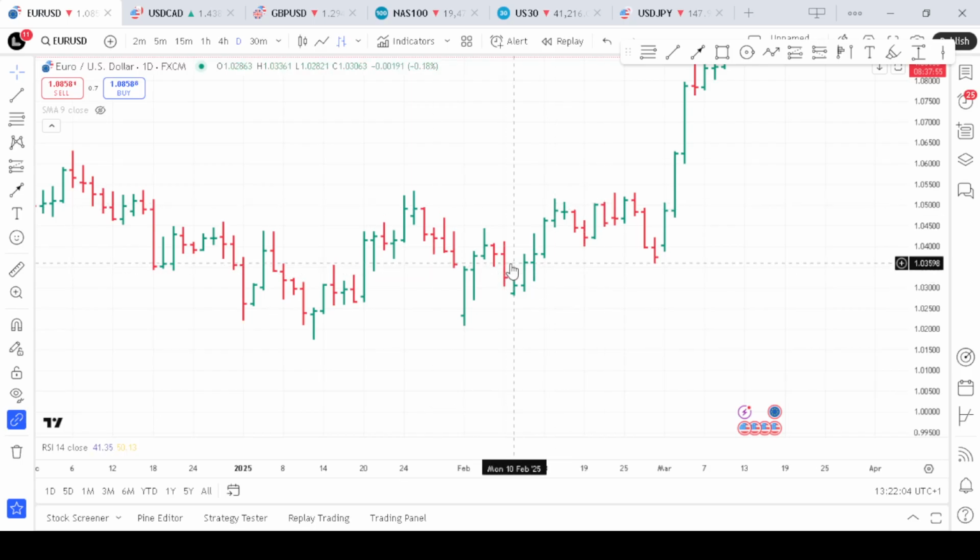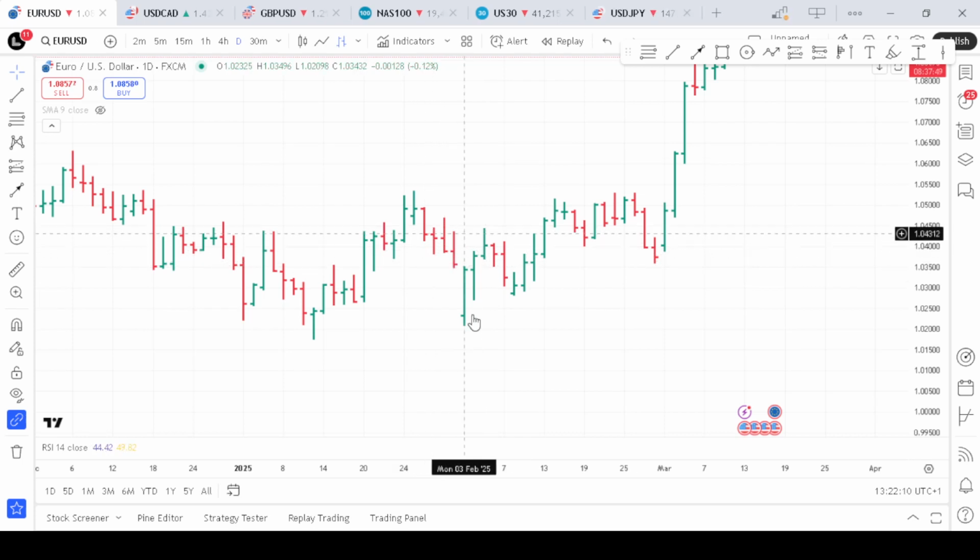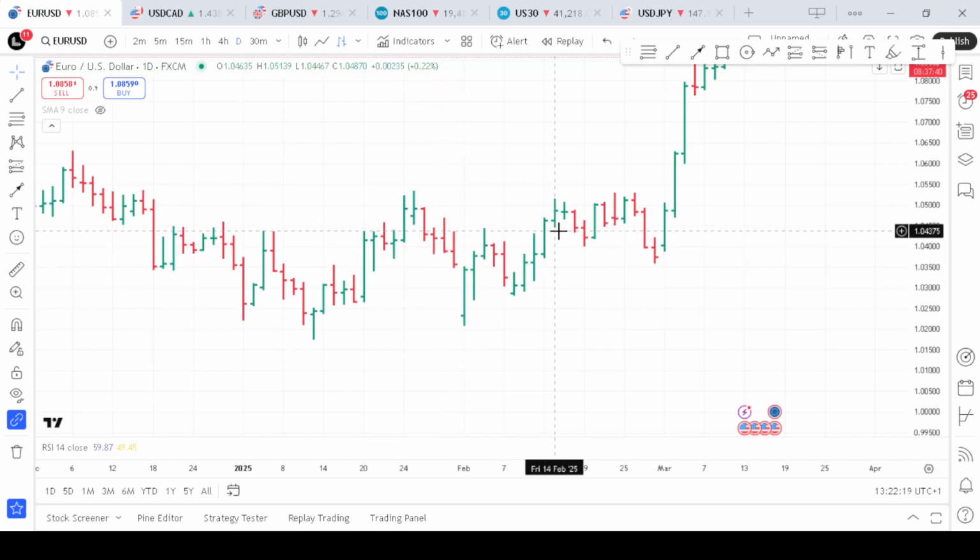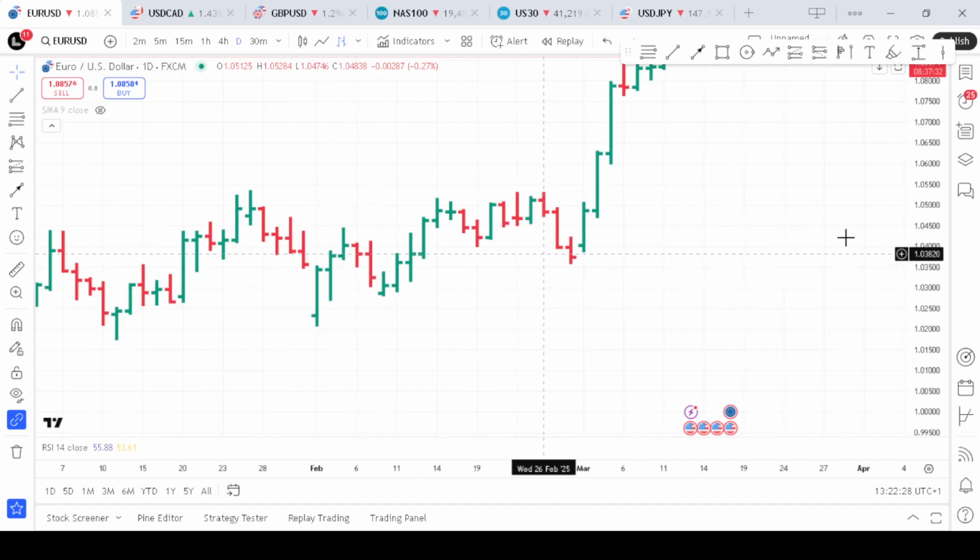Each bar consists of a vertical line showing the price range from the highest to the lowest point reached during that period. The horizontal tick on the left side of the bar marks the opening price.